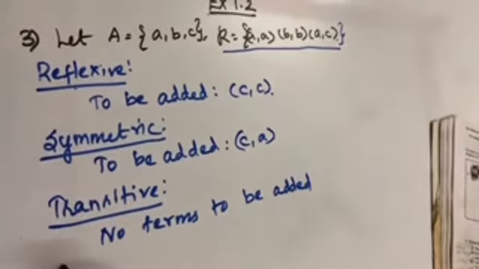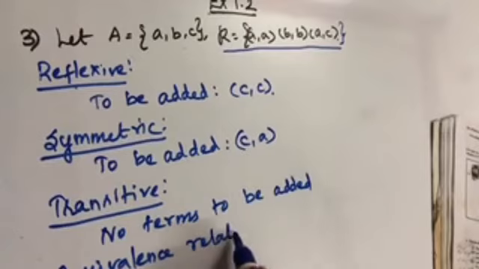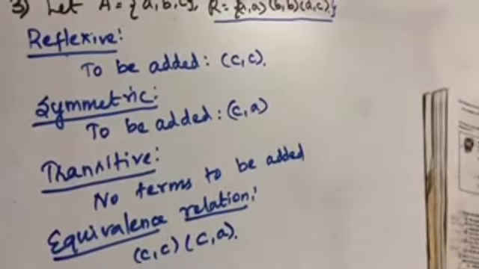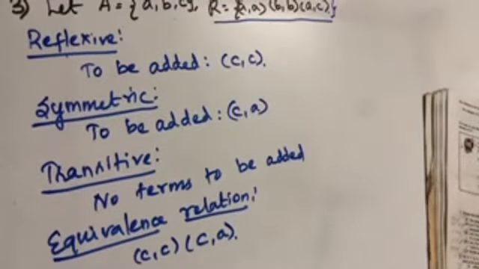So, to make it an equivalence relation, the terms to be added are (c,c) and (c,a). These two terms need to be added to make this relation an equivalence relation.